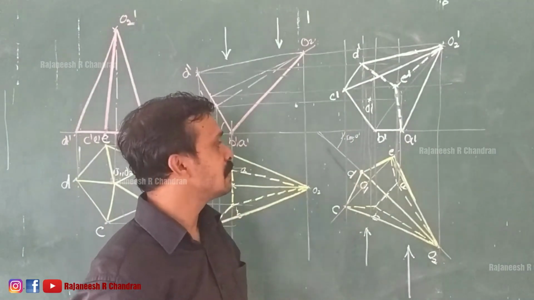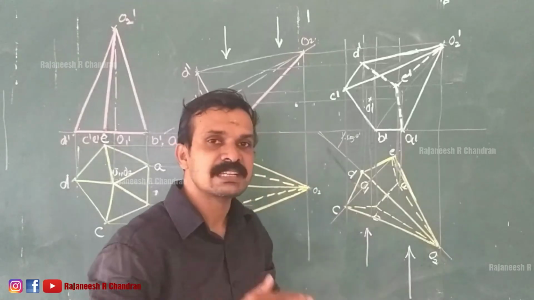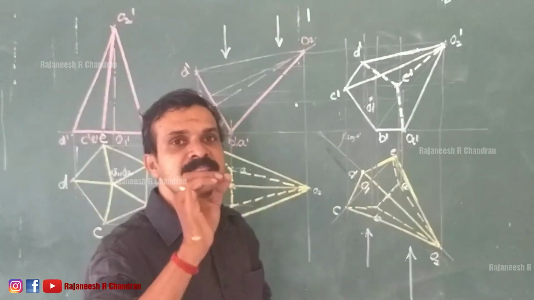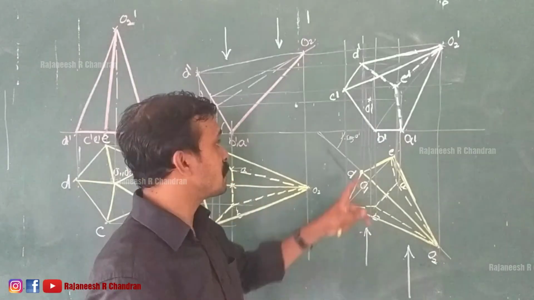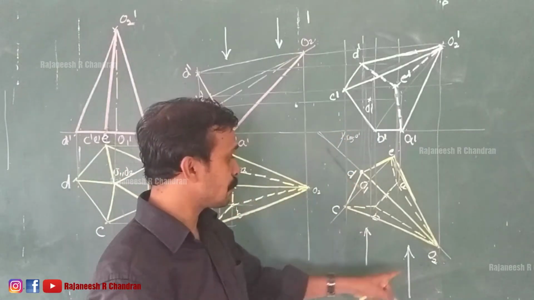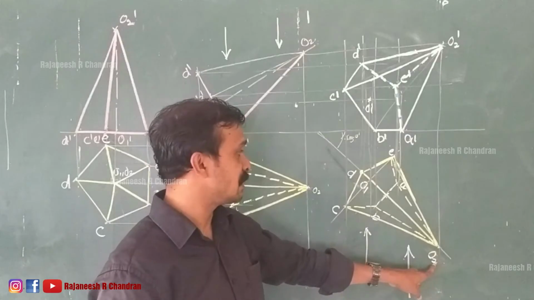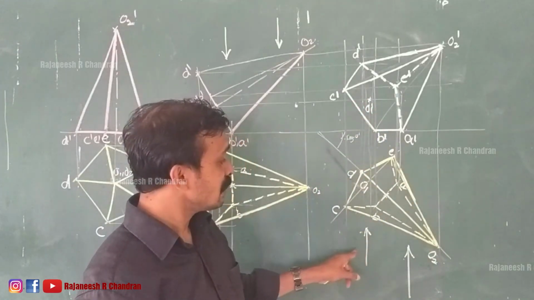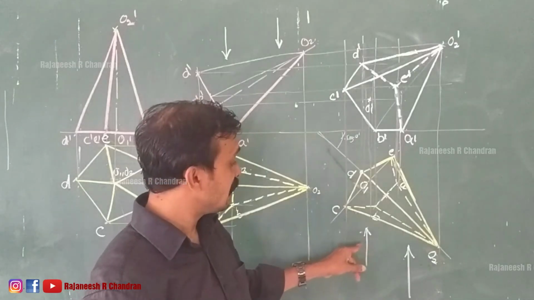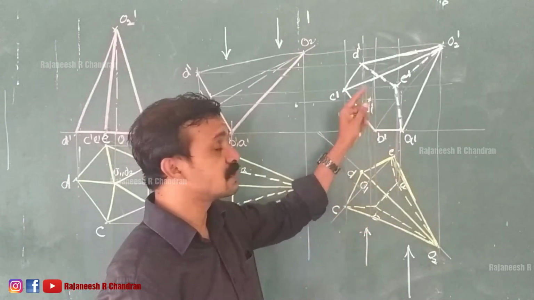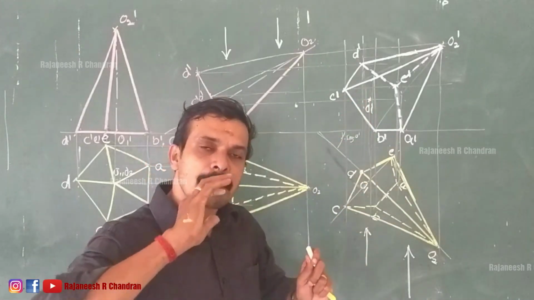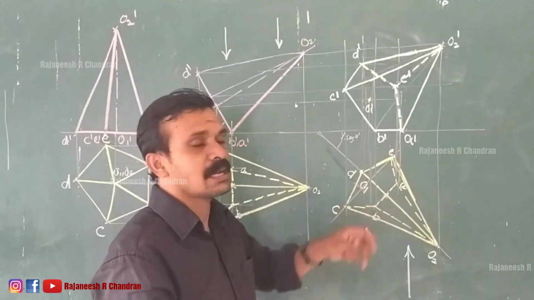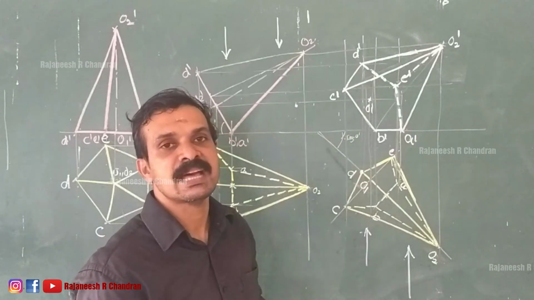The reason is, all these conditions are applied in a step by step manner. The first step is the boundary will be visible. The second step is the base: if the apex is here, the base will be invisible. The third step is the nearer edge will be visible and the far edge will be invisible. After applying all these conditions, only then can we apply this condition with the alphabetical order.